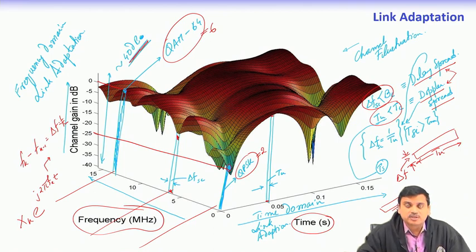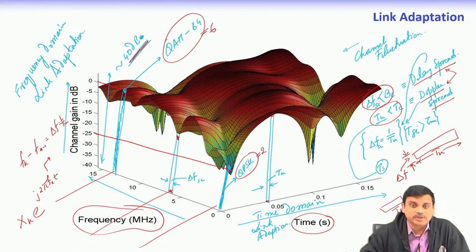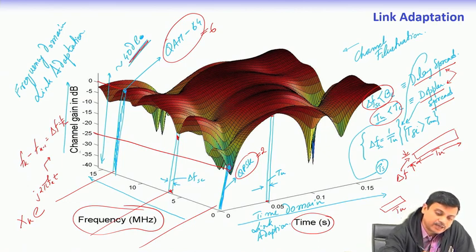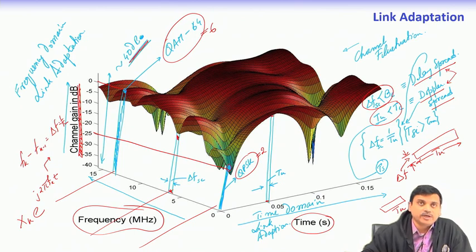So, this is one of the biggest advantages that OFDM brings in, along with other different advantages which we have been discussing. And one issue about this particular picture, the y axis is channel gain in dB. So, this is to be taken into account. When we take the received signal strength, it is to be taken along with this.